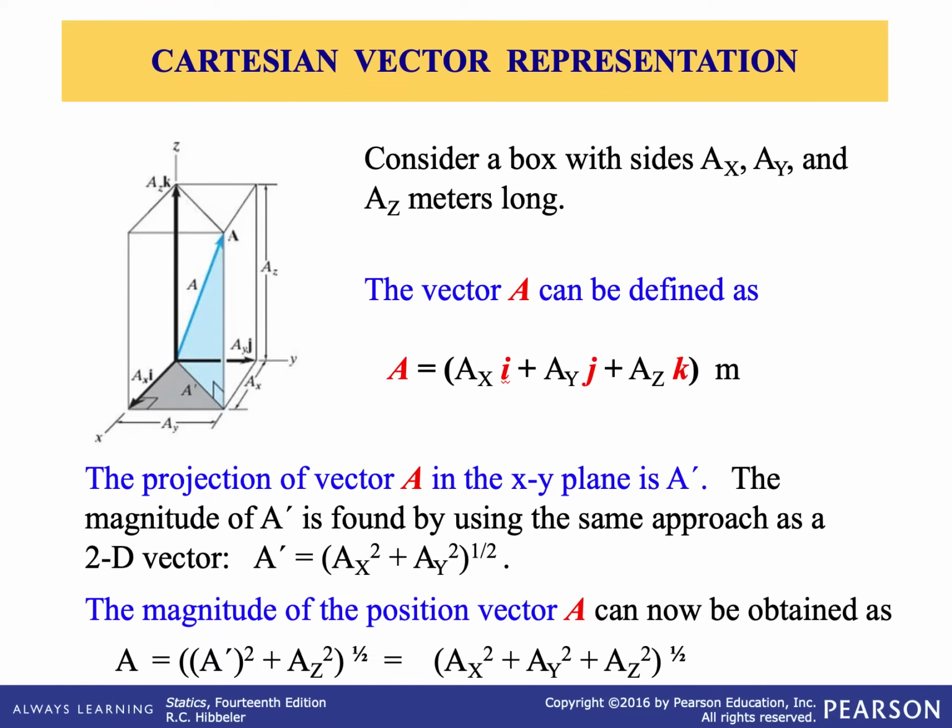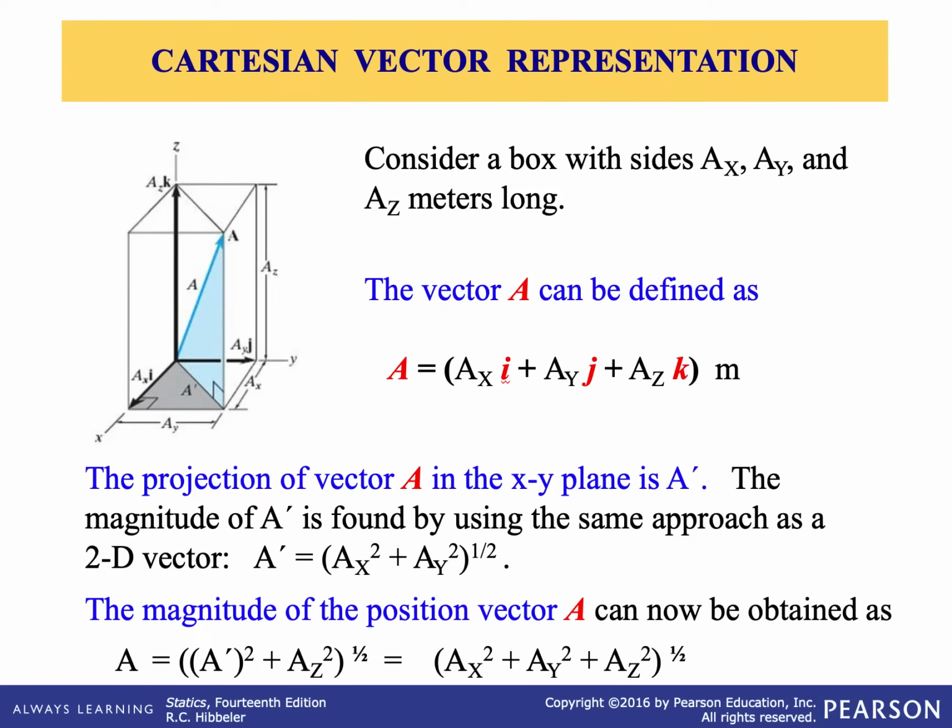There's a definition for them. We will define the direction of a vector A by the coordinate direction angles alpha, beta, and gamma. They are measured between the tail of A and the positive x, y, and z axes, provided that they are located at the tail of A.